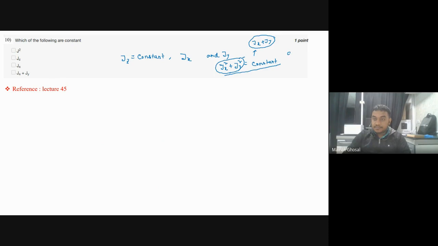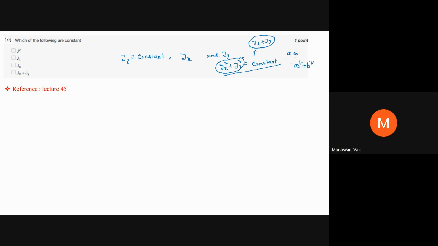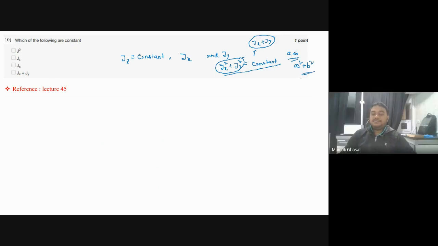If you write a plus b and a square plus b square, both are different, right? Yes. So your Jz is constant, and another constant term is Jx square plus Jy square.